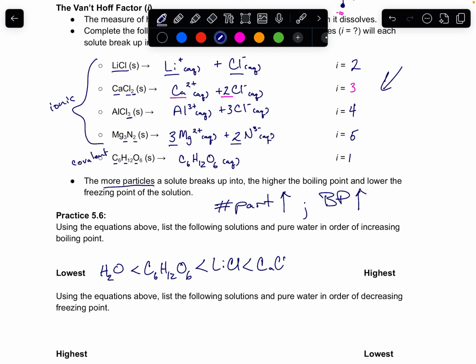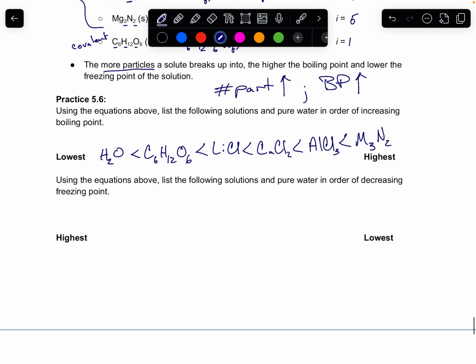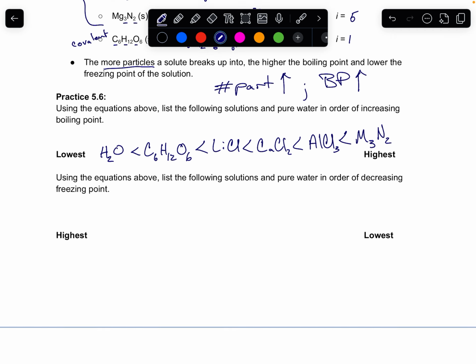And then I'm going to have my lithium chloride because I of 2. I of 3 was the calcium chloride. I of 4 was the aluminum chloride. And finally, magnesium nitride. Right, that one has an I value of 5, so it's going to have the highest boiling point.